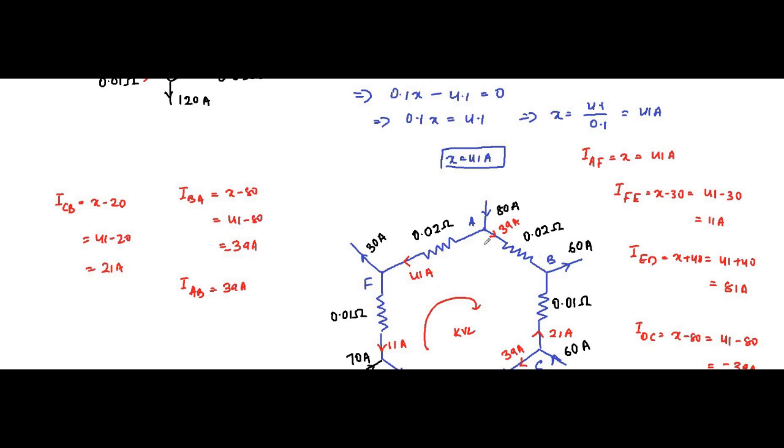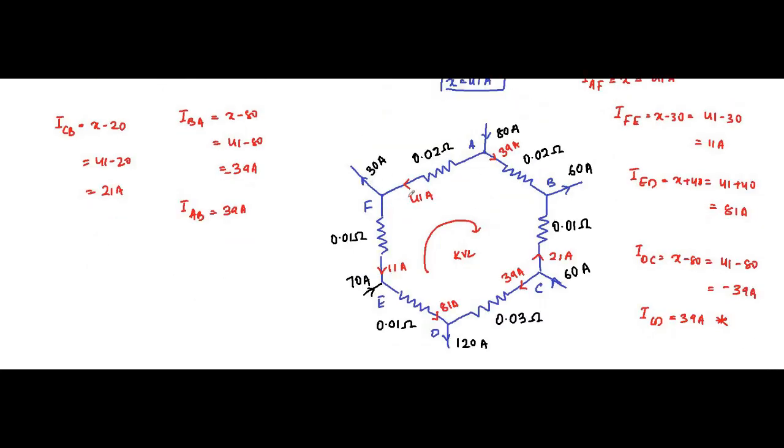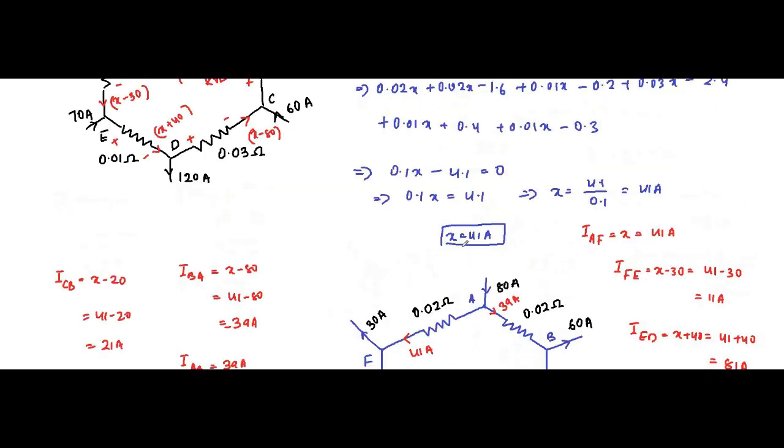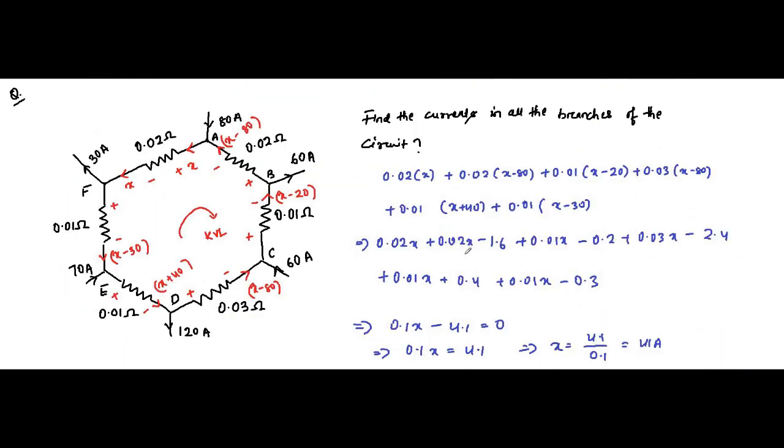So here we have got all the branch currents. A to B is 39, C to B is 21, C to D is 39, E to D is 81 ampere, F to E is 11 ampere, A to F is 41 ampere. So this is the result.